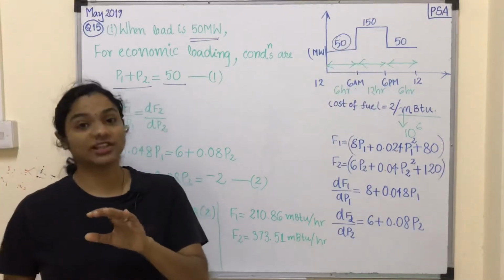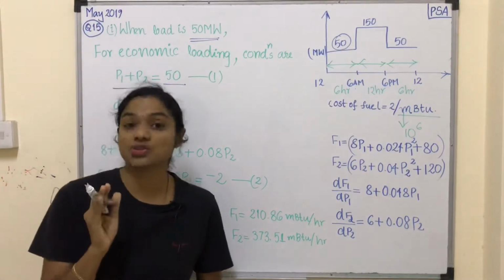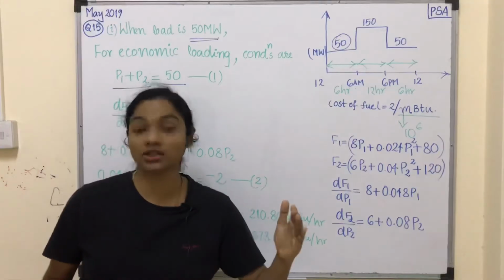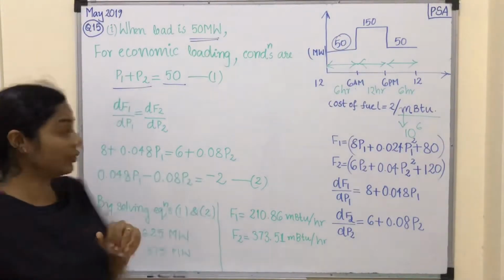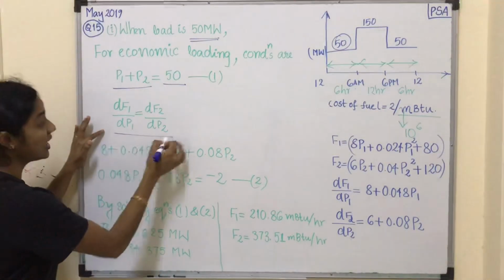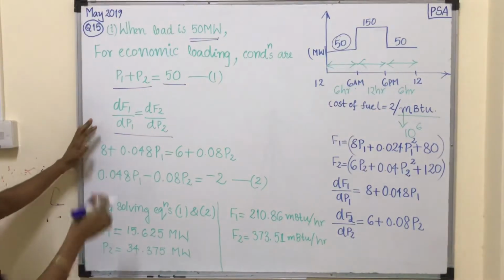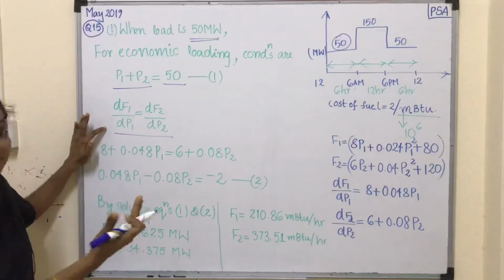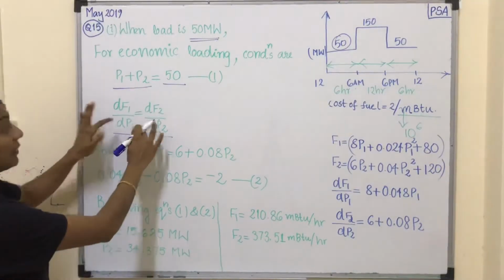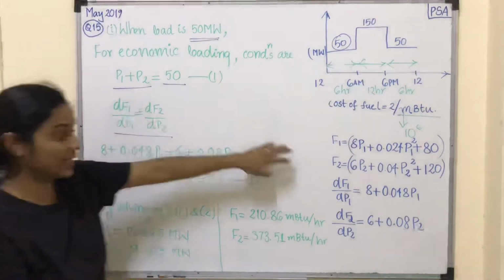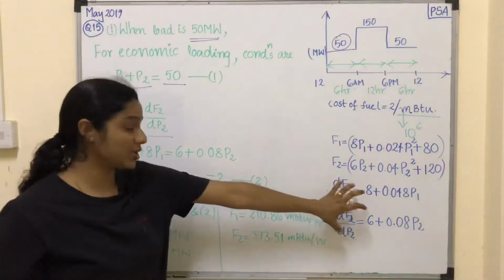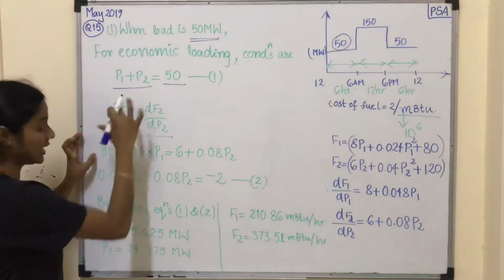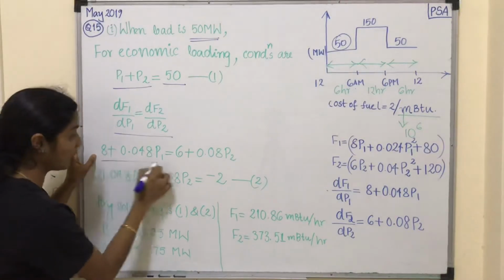The second condition is that the incremental cost of production for unit 1 should be equal to the incremental cost of production for unit 2, represented by this differential equation. We have already found the values for dF1 by dP1 and dF2 by dP2, which I have rewritten over here. If I substitute the values for this incremental cost of production, we can write it like this.